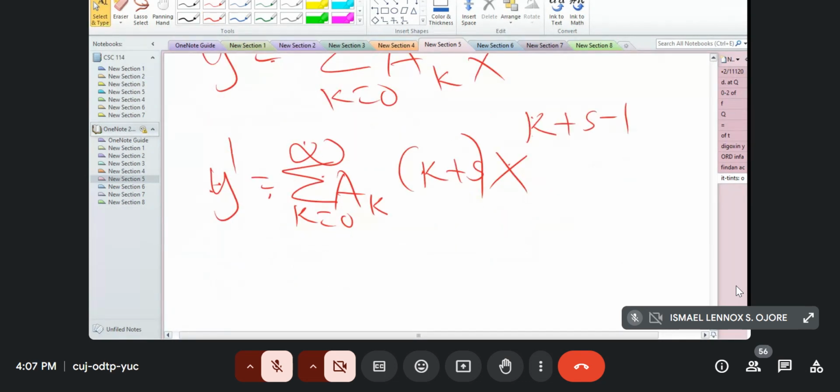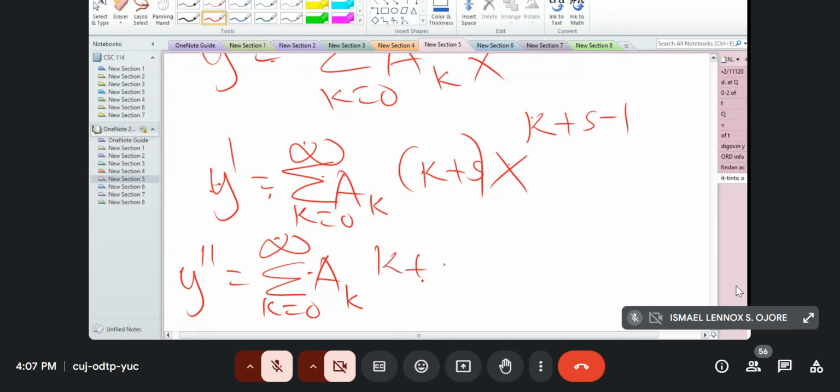Y double prime is the derivative of y prime. Again, summation k is 0 to infinity. Write it as it appears, a sub k, and we'll have k plus s. We pre-multiply by the new power. So a sub k, the summation symbol together with k plus s are treated as constant.